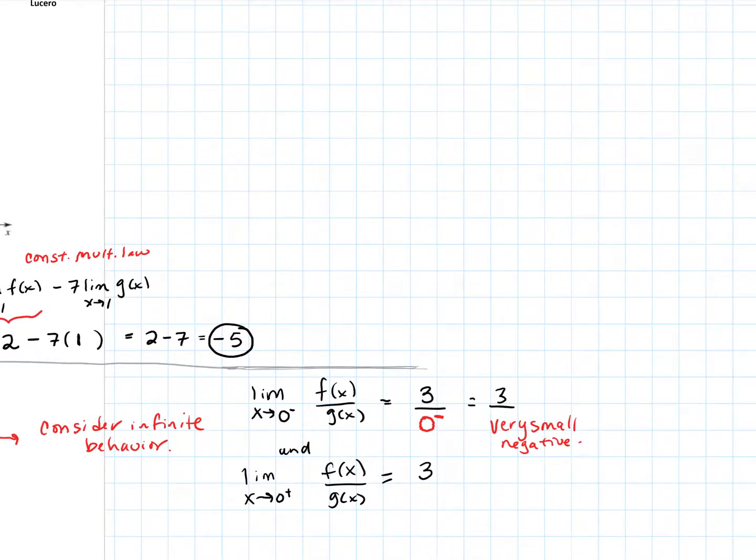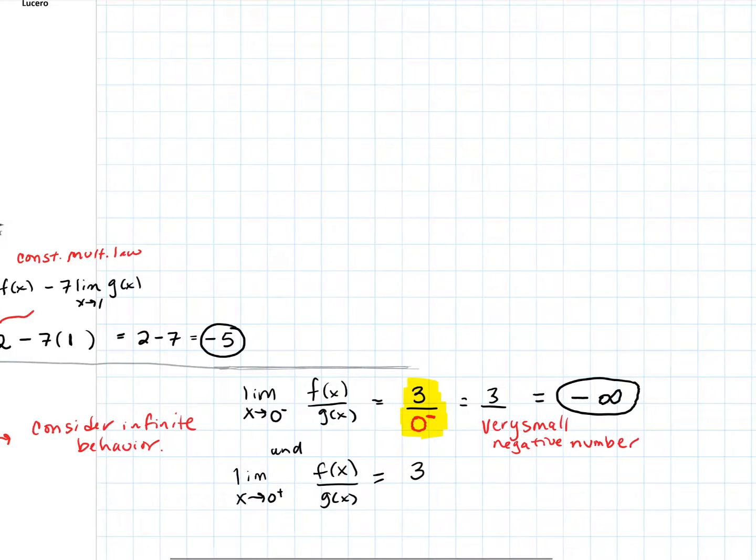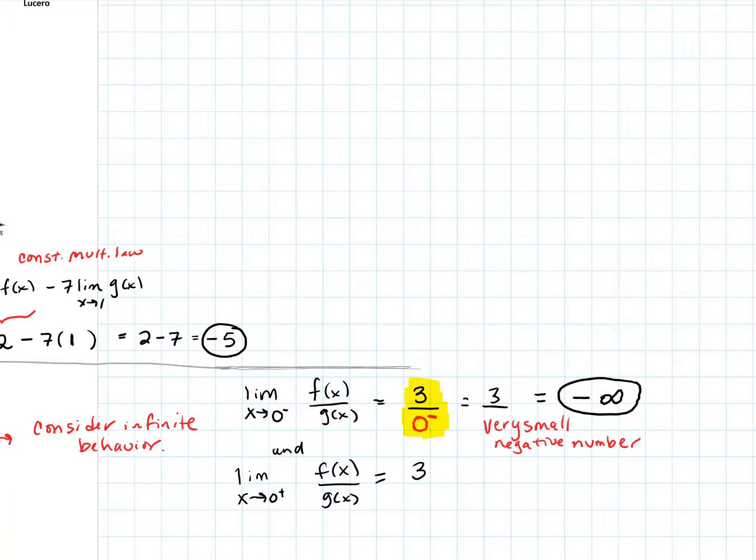That's the mathematical way to write it, and this is the preferred way. But just so we intuitively remember what that means, 0 from the left is a very small negative number. So if we're taking a positive 3 and dividing by a very, very small negative number, this is going to approach negative infinity. I say approach, but a better way to say that is it is decreasing without bound.